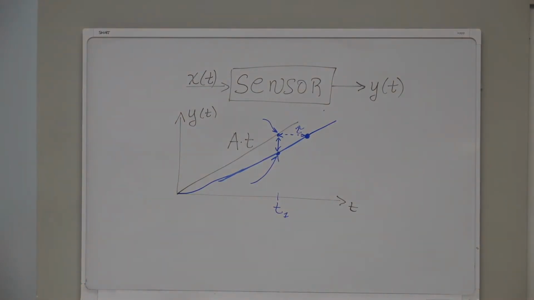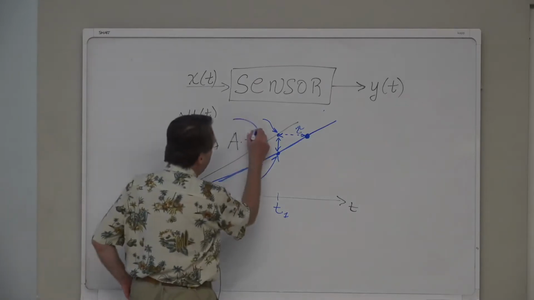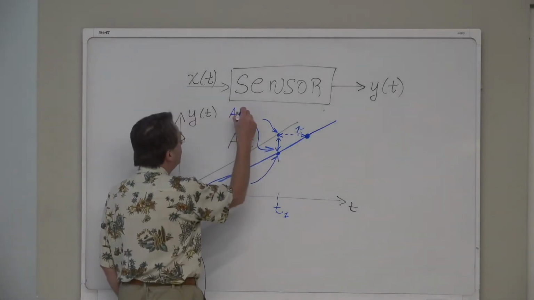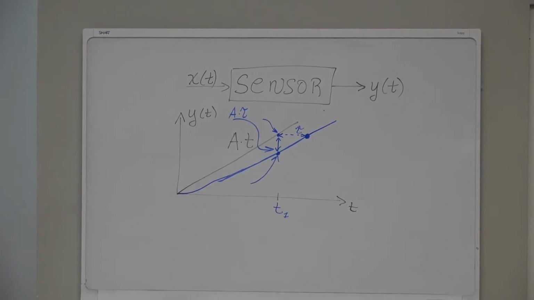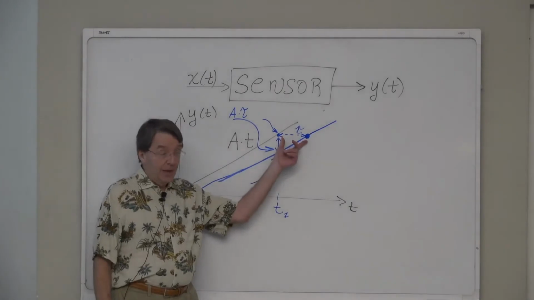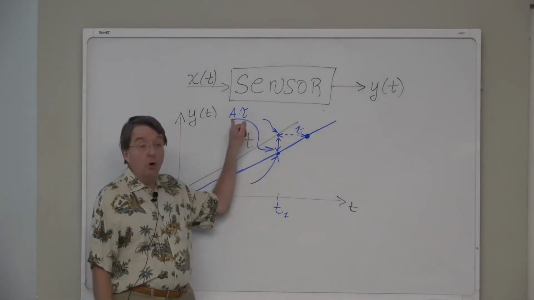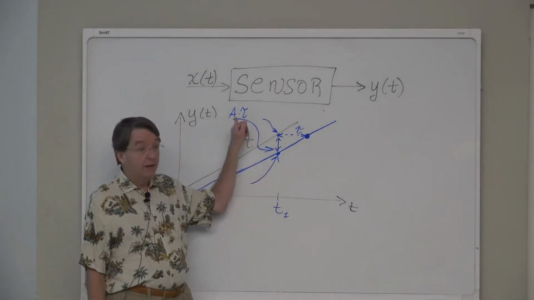The instantaneous error is given by A times tau. My colleagues at home who were throwing things at the screen, I'm very sorry. The error is A times tau. Thank you. So let me now clarify. The delay is tau, and the error is the slope of the input, which is A times tau.